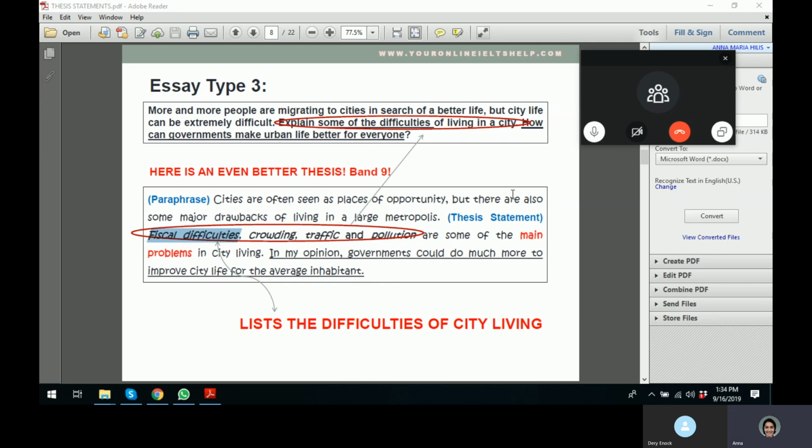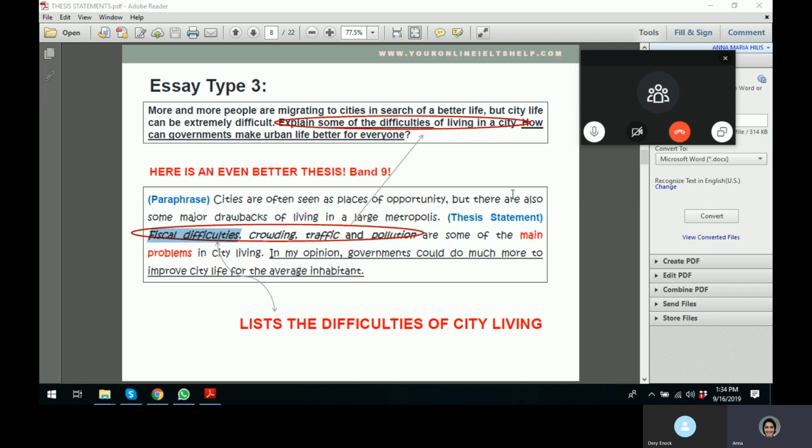Okay, well, if you're having some problems coming up with the solution for this fiscal difficulties, simply say the government can improve fiscal policies. Can you please take note of that? Okay. So again, say one thing that the government can do is to improve fiscal policies. And when we're talking about fiscal policies, we're talking about improving taxes, improving economic policies.